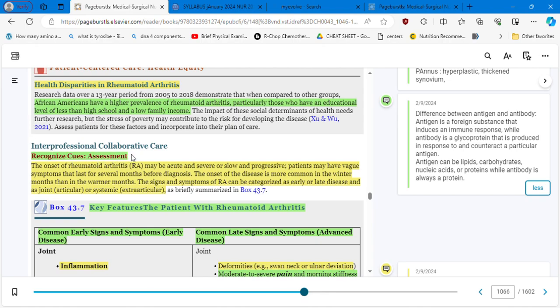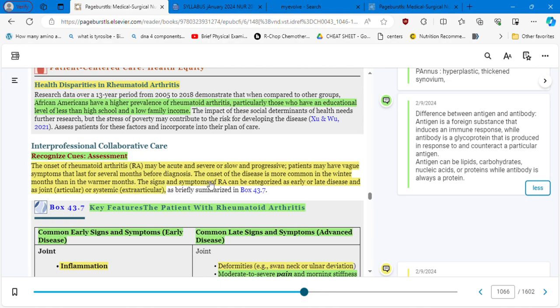Recognize cues, assessment. The onset of rheumatoid arthritis may be acute and severe or slow and progressive. Patients may have vague symptoms that last for several months before diagnosis. The onset of the disease is more common in the winter months than in the warmer months.